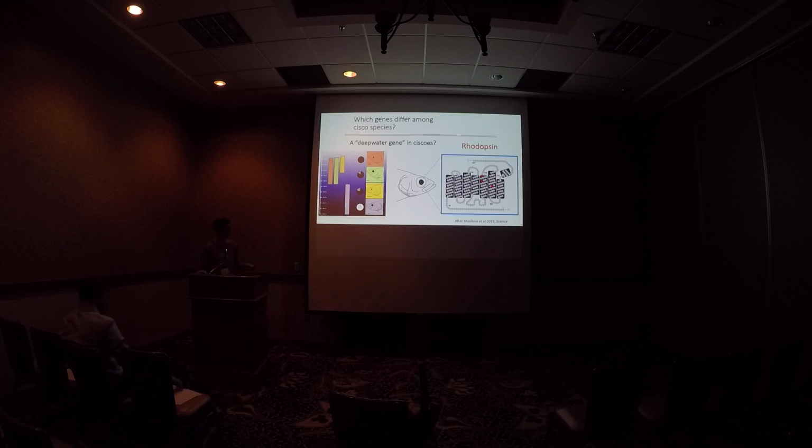So these are totally independently evolved systems. And that makes me tend to believe these results more, that it's the exact same change that happens in this protein. So we think this gene is really interesting in light of depth preferences in Ciscoes, and how they can tune their genetic background to match particular environmental conditions.